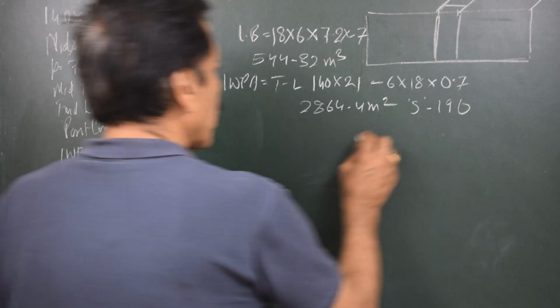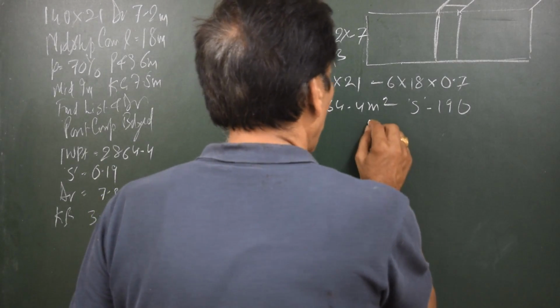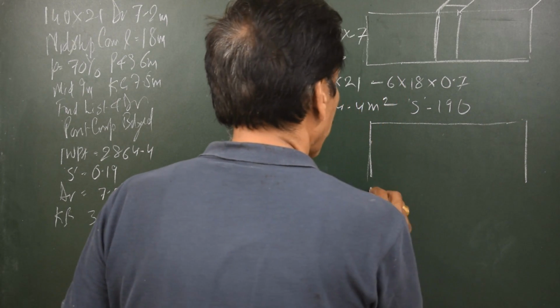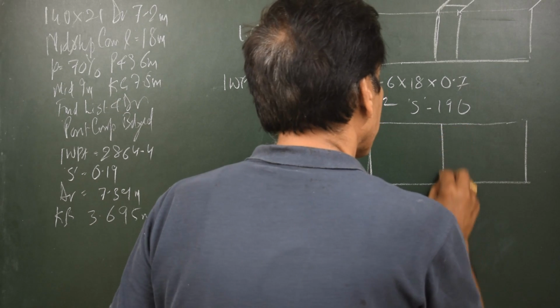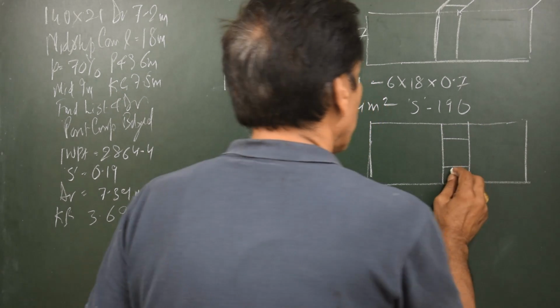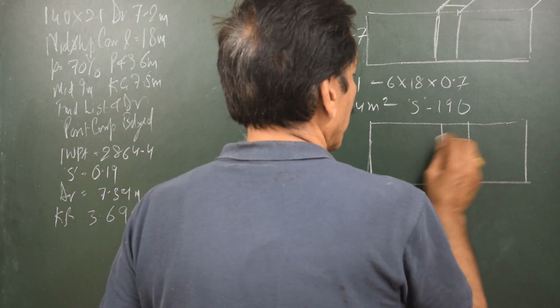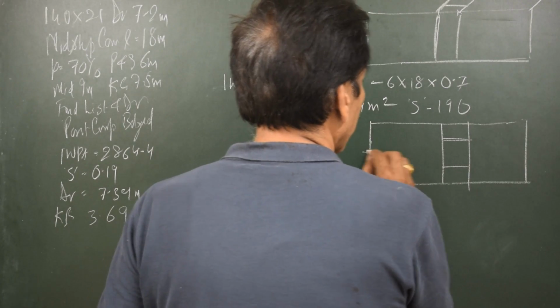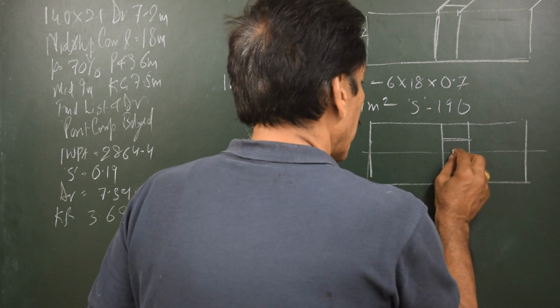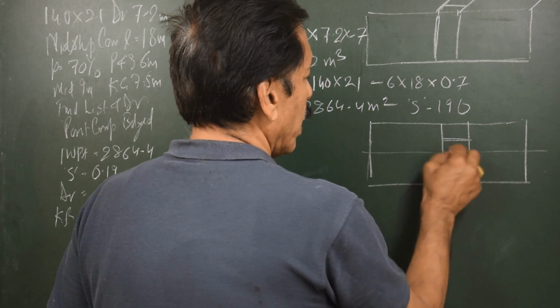If we look at the plan view of the ship, it looks like this. Side compartments are 6 meters and the middle compartment is 9 meters in breadth. This is the center line of the ship. The original center of flotation is over here.